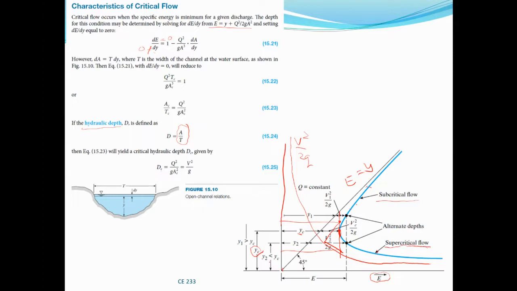Supercritical depth is smaller than the critical depth, but subcritical depth is bigger than the critical depth. This happens usually when you have a weir. Let's say you are hanging.